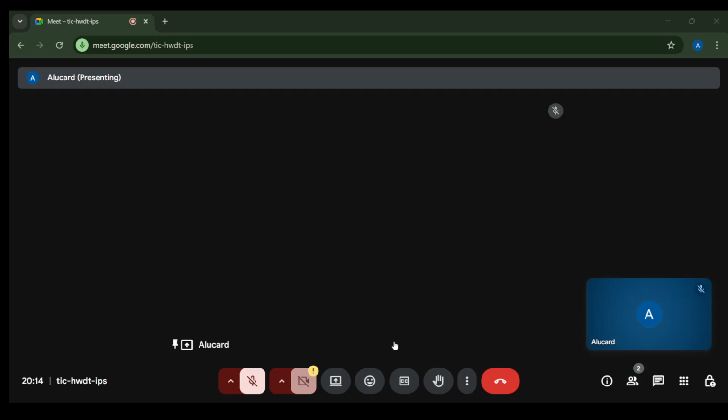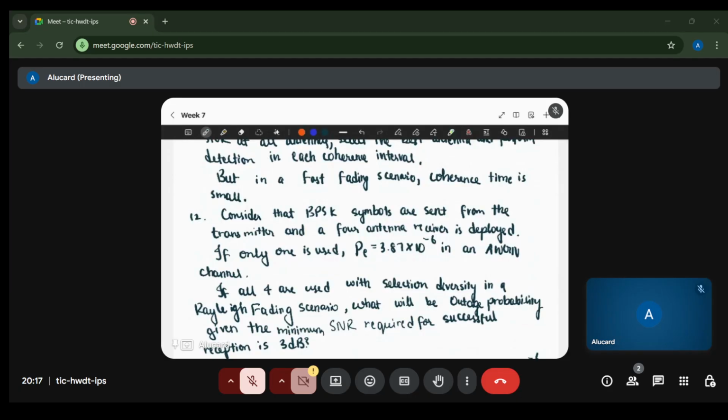Question 12. Consider that BPSK symbols are sent from the transmitter and a 4 antenna receiver is deployed. If only one is used, PE is 3.87 into 10 power minus 6 in an AWGN channel. If all 4 are used with selection diversity in a Rayleigh fading scenario, what will be the outage probability given the minimum SNR required for successful reception is 3 dB.